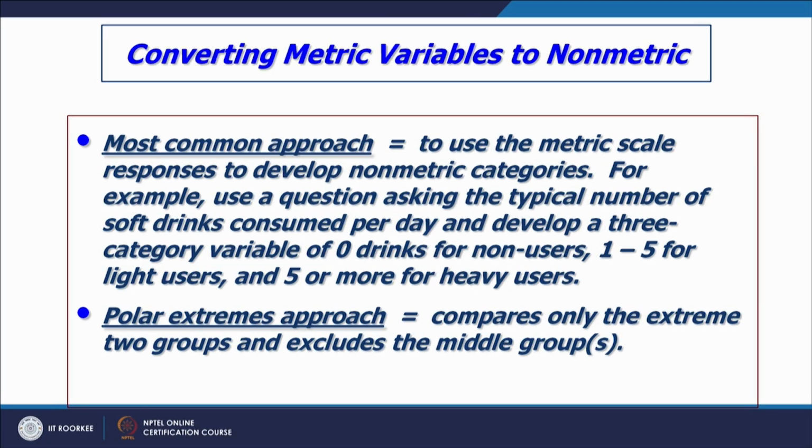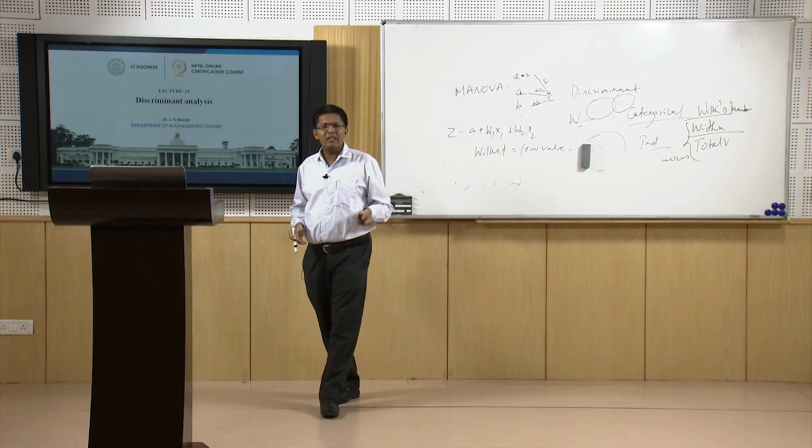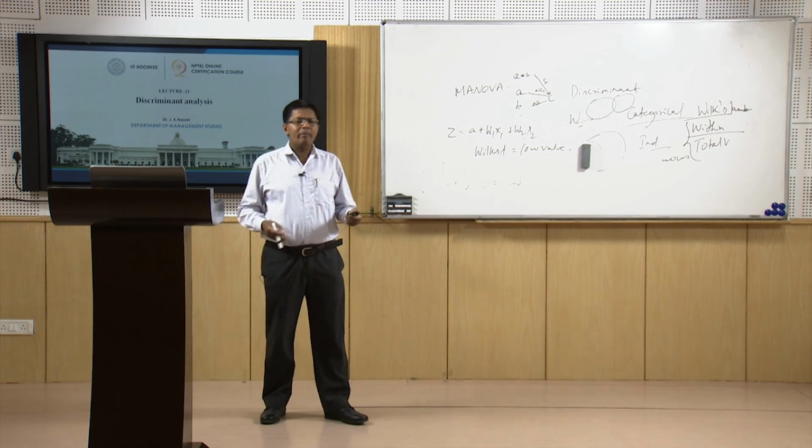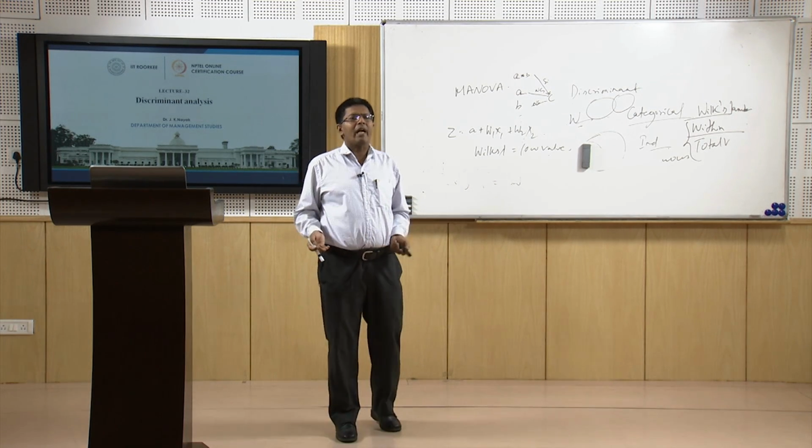For example, let us say people with 3 income groups: 0 to 5 lakhs, 5 lakh to 10 lakh, and 10 lakh and above. You make 0 to 5 as 1, 5 to 10 as 2, and similarly 3. By doing that it becomes easier for you to convert into a categorical scale.